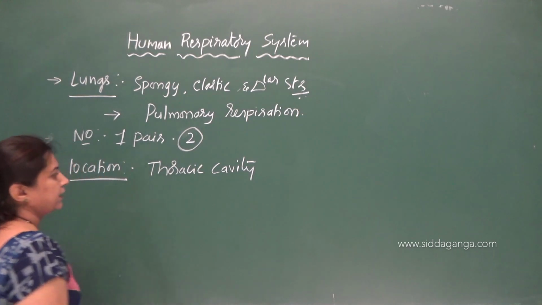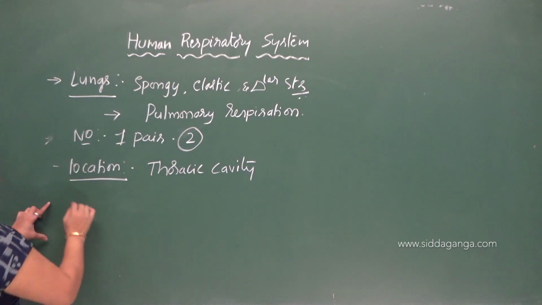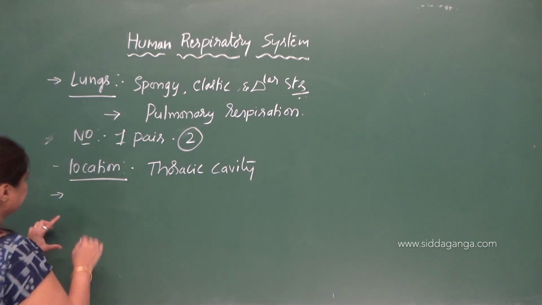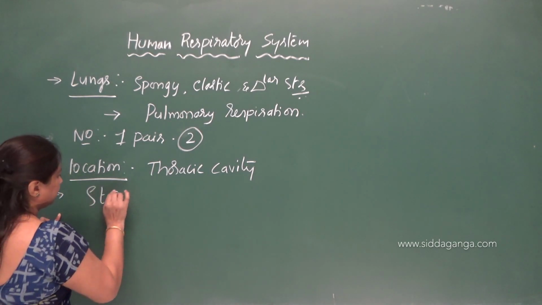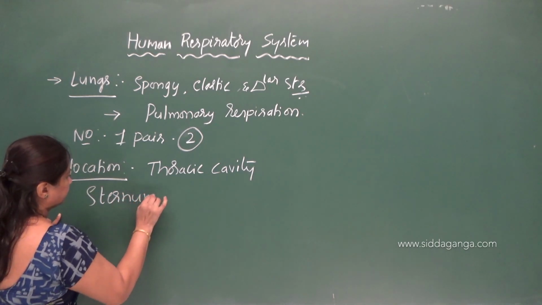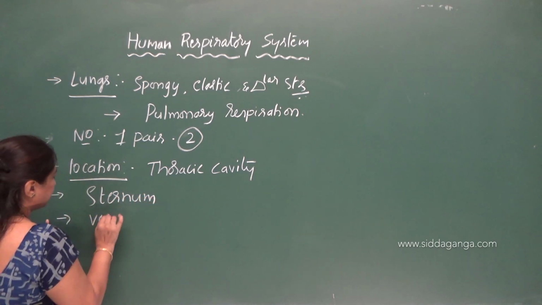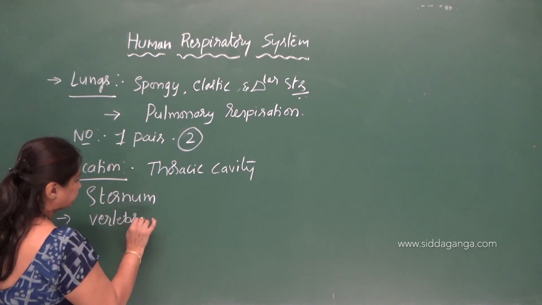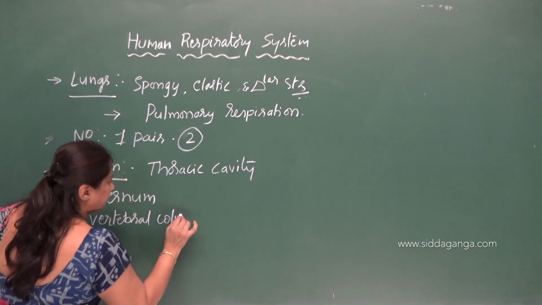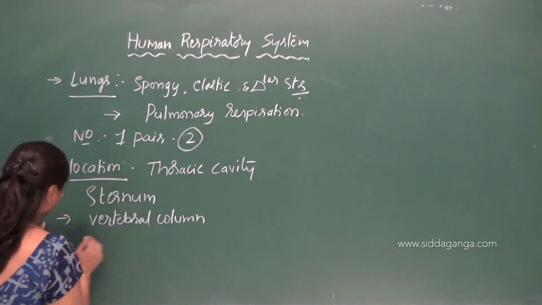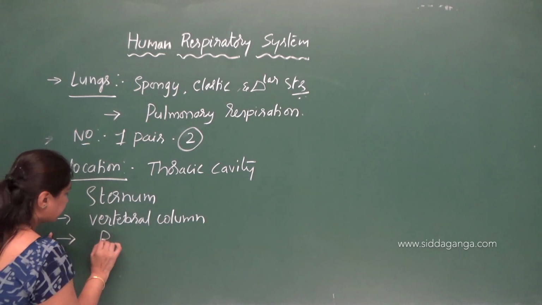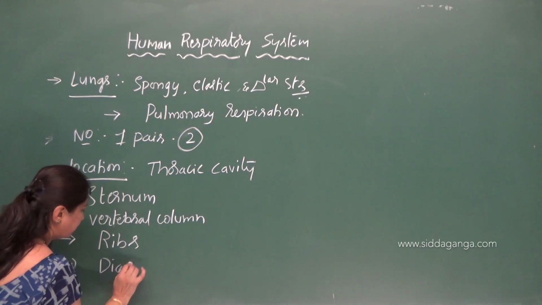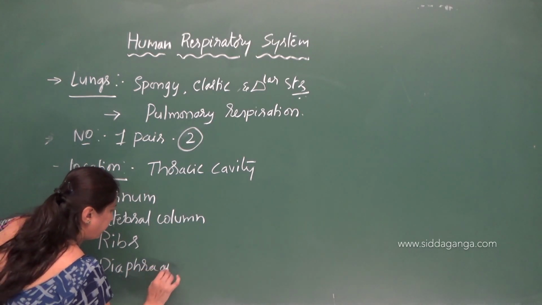So what is this thoracic cavity? Let us see. The thoracic cavity is formed by sternum, vertebral column, ribs, and diaphragm.